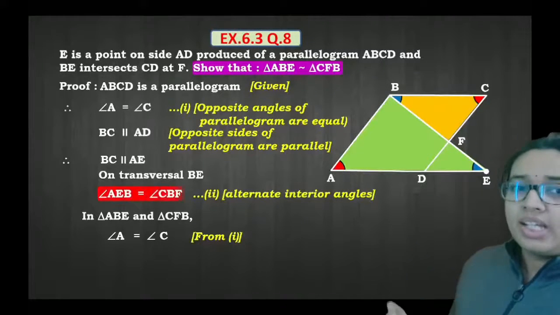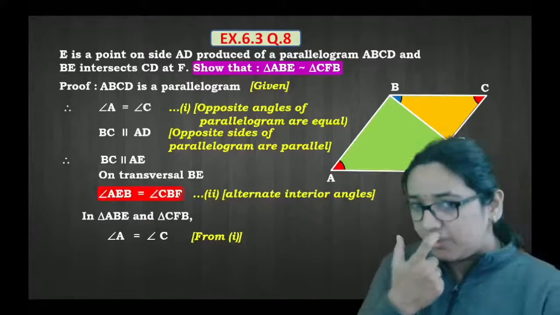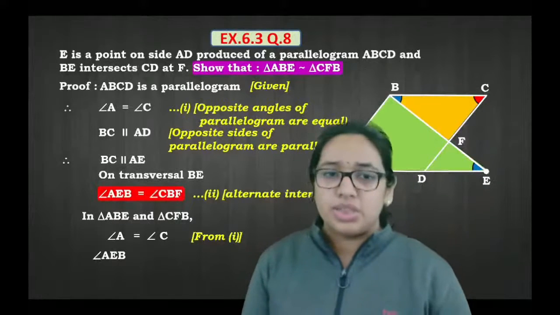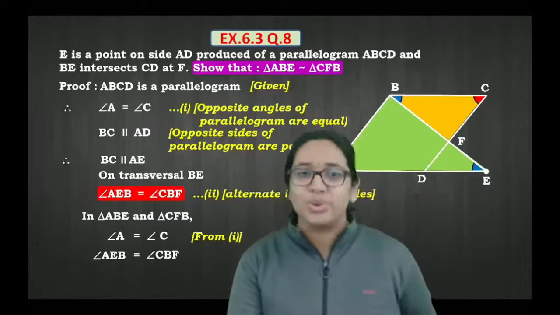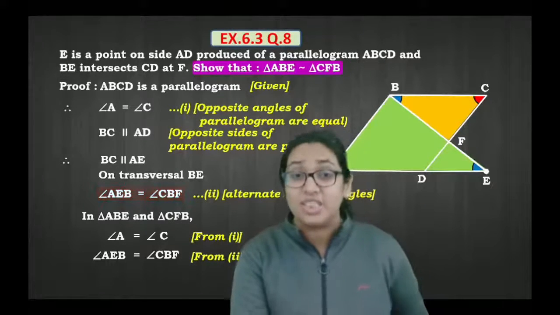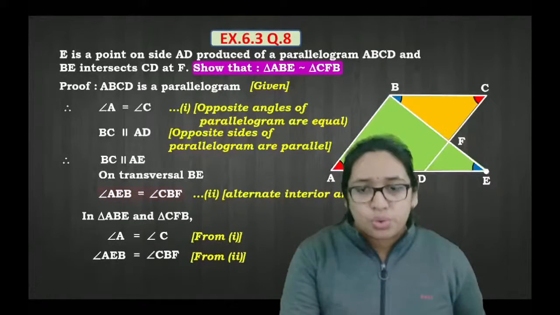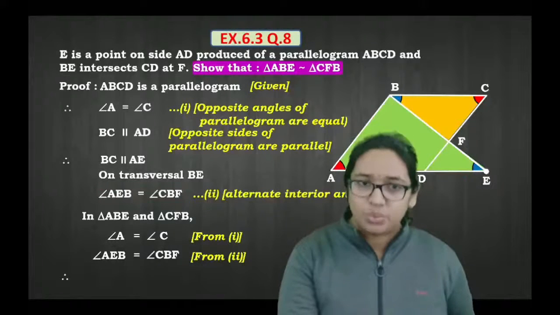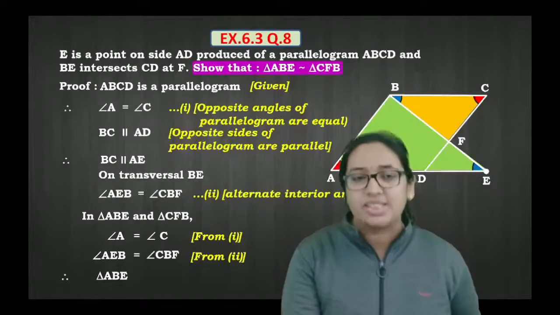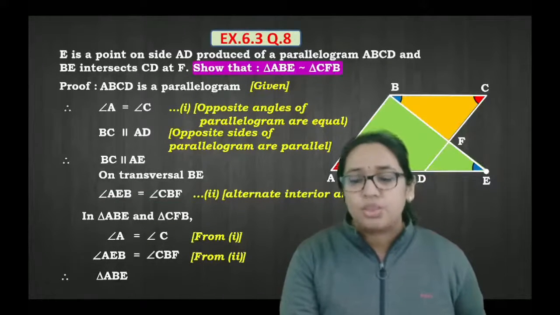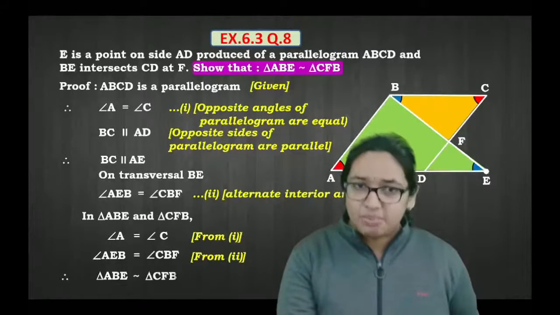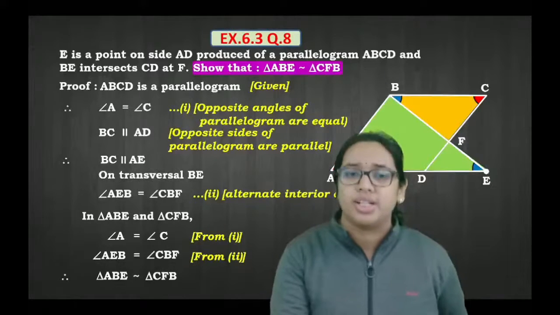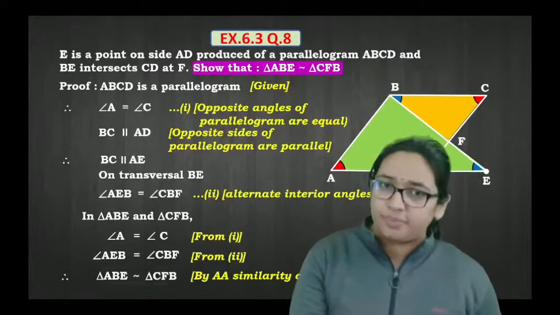Correct. So yes, you can do the rest. If two angles are of equal measure, we can say that the two respective triangles will be similar triangles. Triangle ABE is similar to triangle CFB.